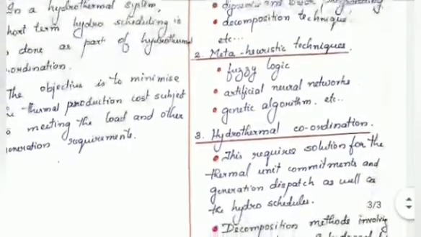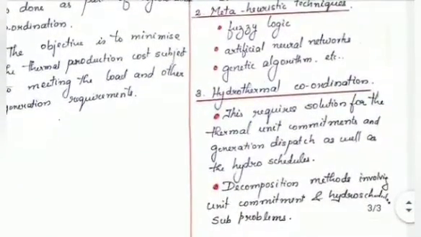The second one is the meta-heuristic technique, which includes the fuzzy logic method, artificial neural networks, and genetic algorithm. These are used for solving the UCP using meta-heuristic techniques.